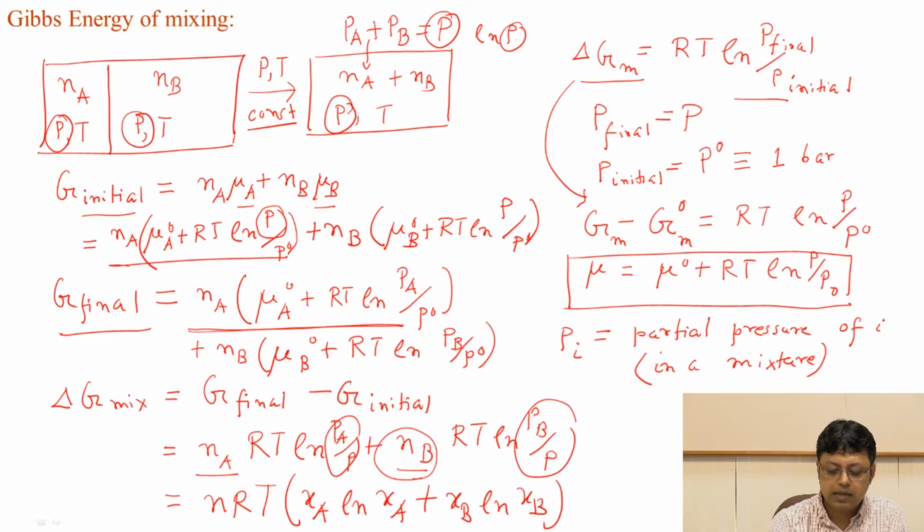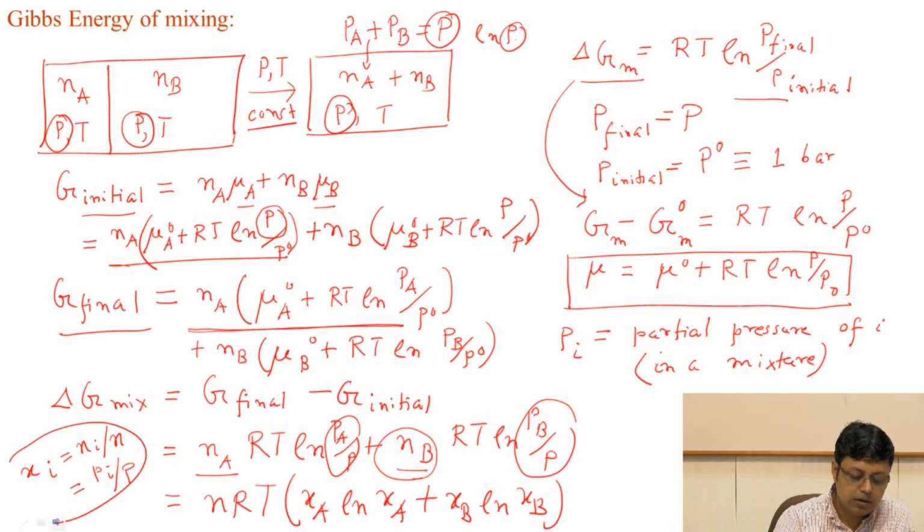So this came from the definition that Xi is nothing but Ni divided by N. So we wrote instead of Ni, which is Na and Nb, as N into Xi, and then we took nRT common, and for this part we took the definition that the mole fraction is also defined as partial pressure divided by the total pressure.